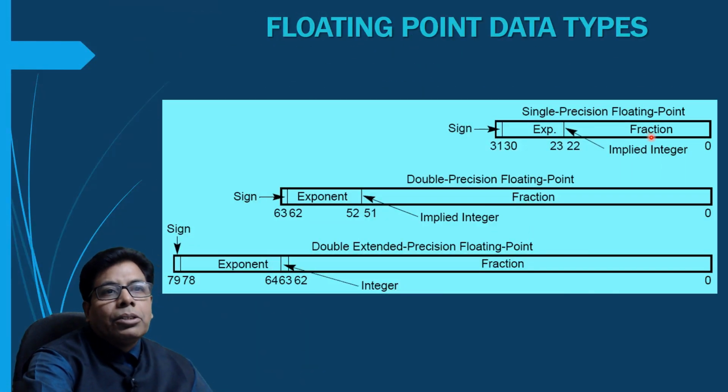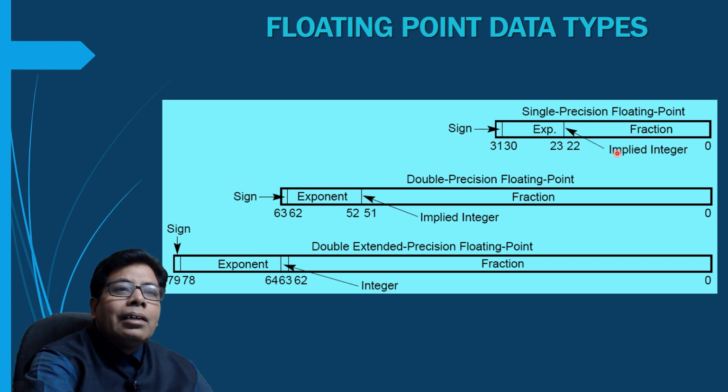Here we have 3 floating point data types. The single precision floating point, which has the fraction part, the exponent part and the sign part. This will be single precision, so total is 32 bits.